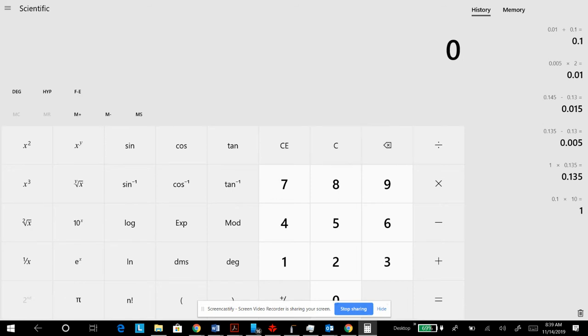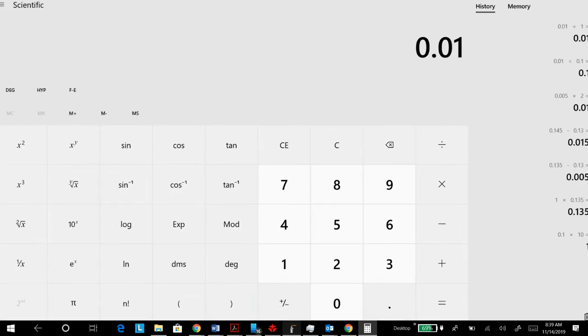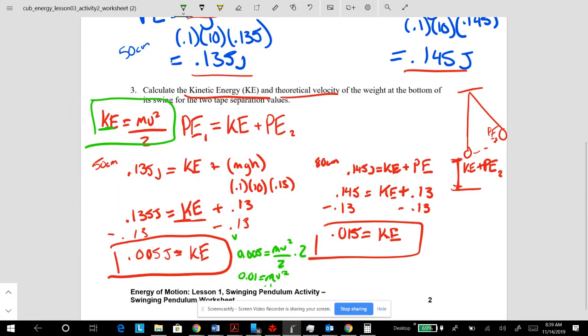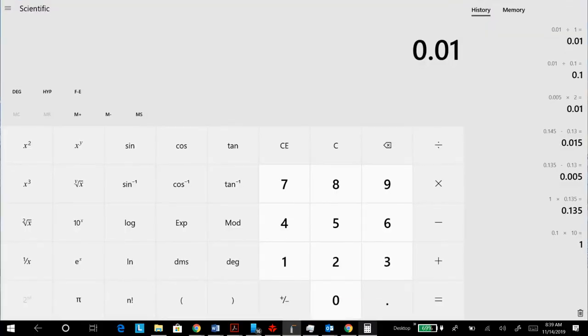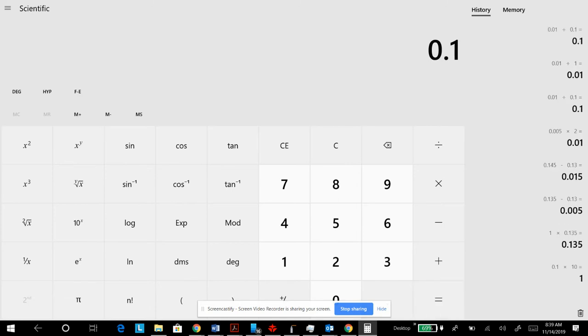Did I do that right? 0.01 divided by 0.1. Here we go, 0.1.